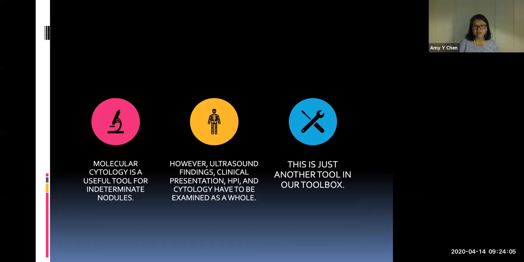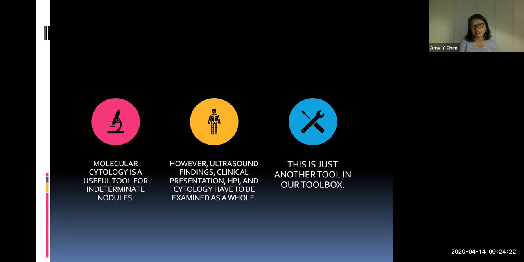So molecular cytology is just another tool in your toolbox for figuring out these indeterminate nodules. However, you do need to take into consideration ultrasound findings, clinical presentation, and the history of present illness to be examined as a whole.